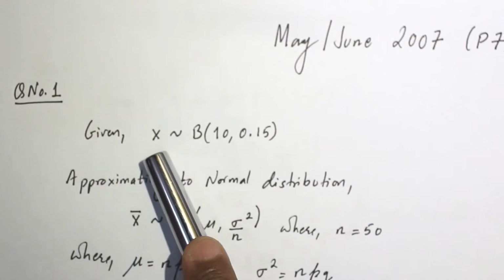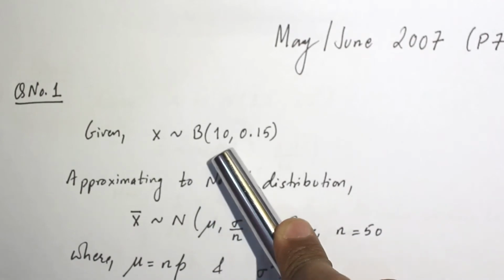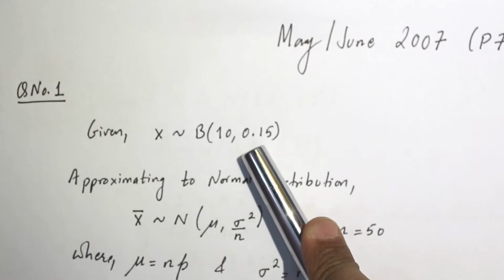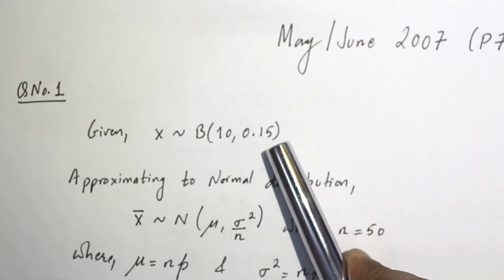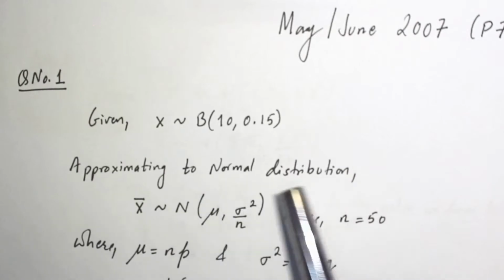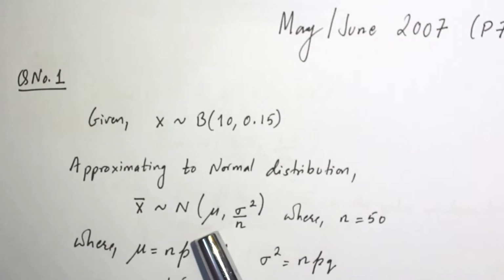Here given variable x, which has a binomial distribution with number of trials as 10 and the probability of success as 0.15. Now if we approximate to a normal distribution, we have two parameters that we require.